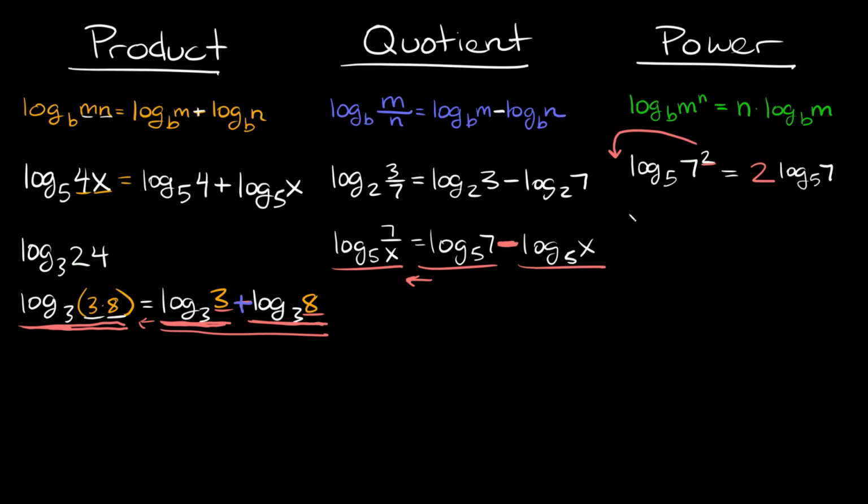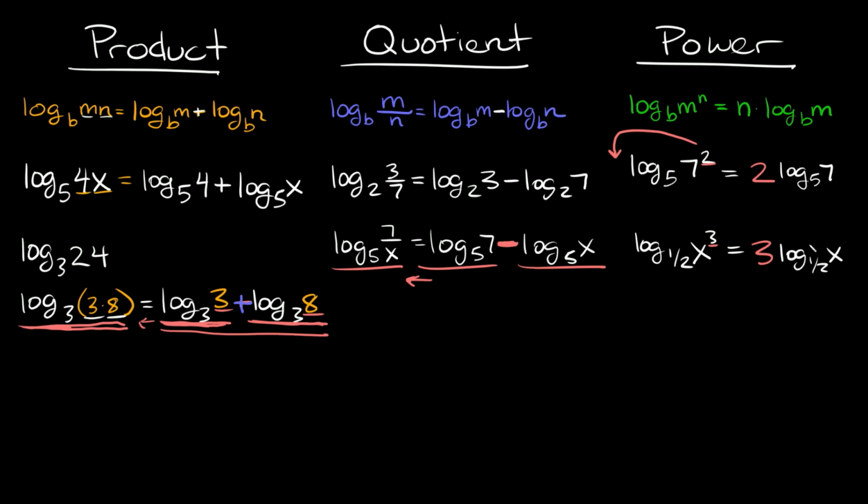Or if we had, again, just with a variable, something like log base 1/2 of x cubed, again, you can see we have an exponent right here, a 3, so we could just toss it to the front over here, so we can say that this is equal to 3 times log base 1/2 of x.